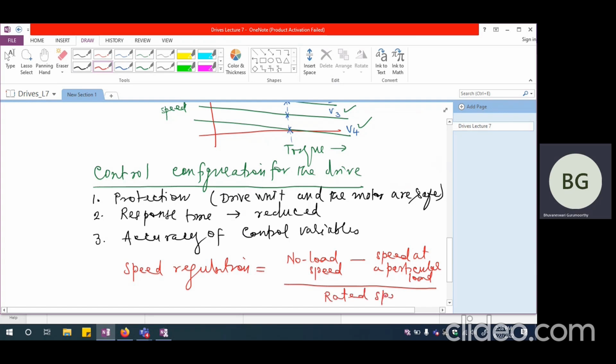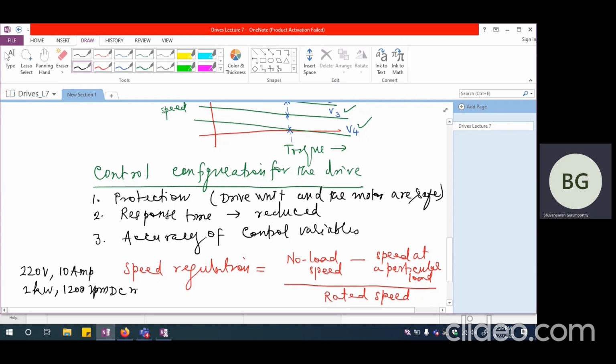Some people will put no load speed at the bottom, but I would prefer that we put rated speed, because if I am defining a particular motor's nameplate details as 220 volts, 10 ampere, 2 kilowatt, 1200 RPM DC motor.